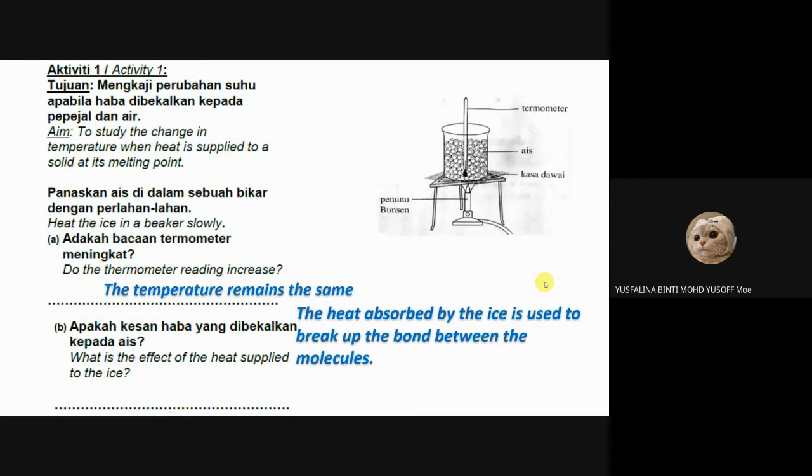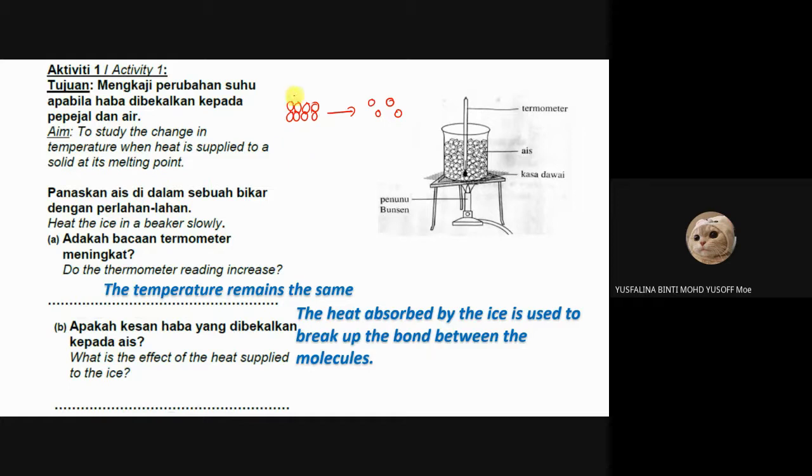For this one, you already learned the arrangement of the molecules for a solid is like this. It's very close to each other. If you want to change to liquid, the liquid is much further apart, right? So the molecules want to form a distance between them, so you need to break the bond here.